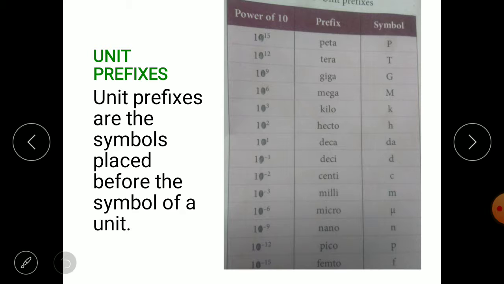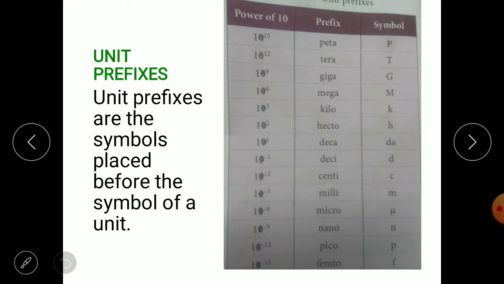How do we use it? It has some particular ones, like P, T, G, M, that means peta, tera, giga, like that. It is also used to specify the order of magnitude of a quantity. Order of magnitude means it gives a positive or negative value, that means power.